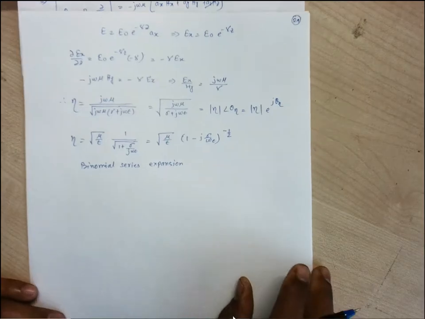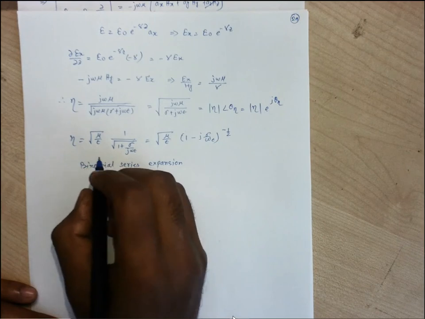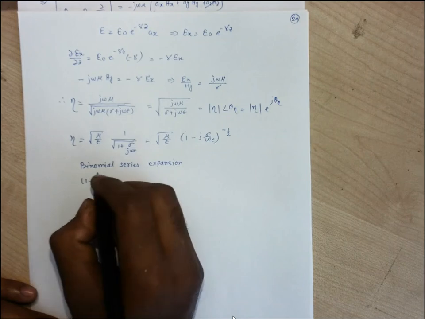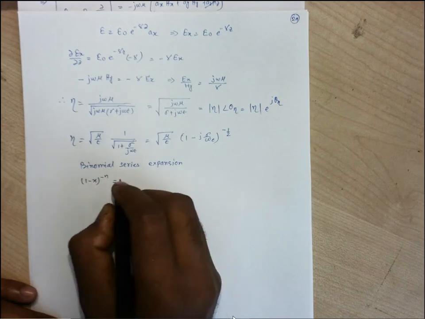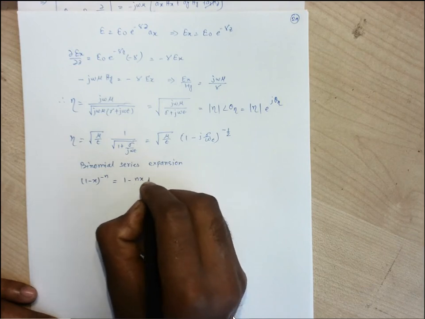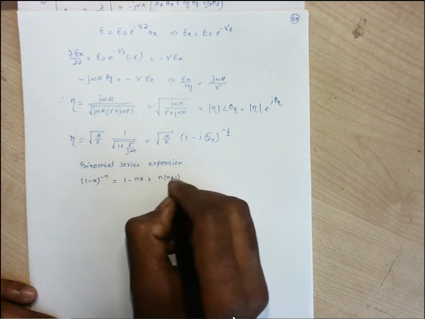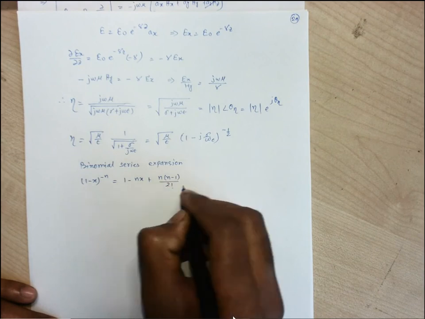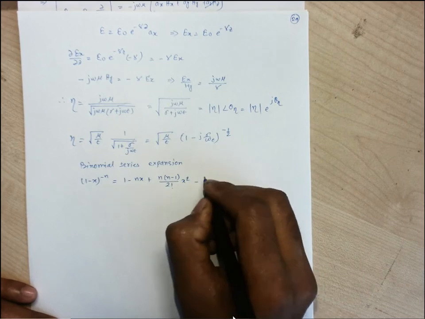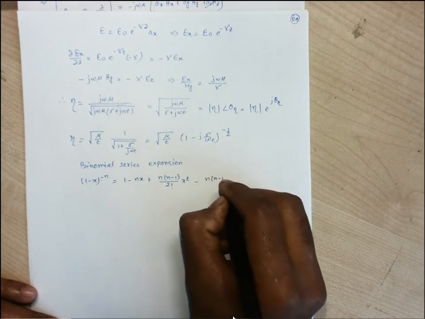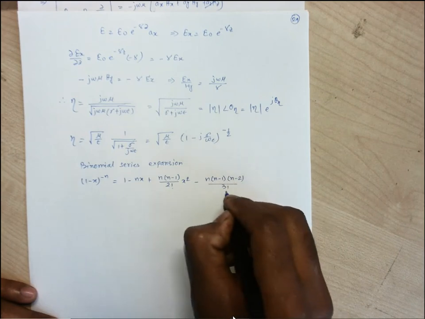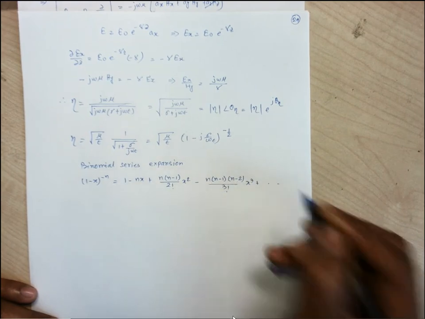So what is the series? That is 1 minus x whole to the power minus n, then we can write as 1 minus nx plus n into n minus 1 by 2 factorial x square, like this, n into n minus 1 into n minus 2 by 3 factorial x cube plus like this.